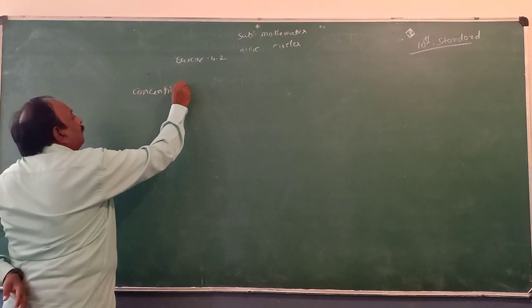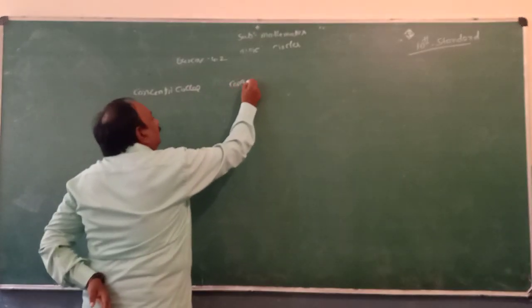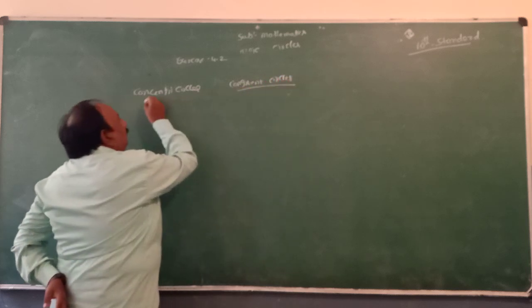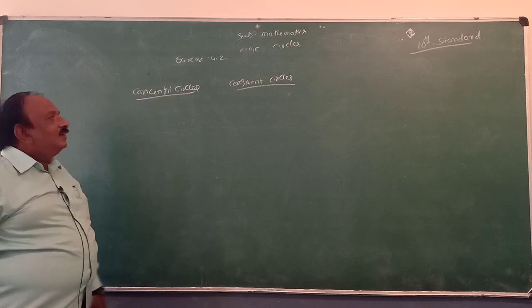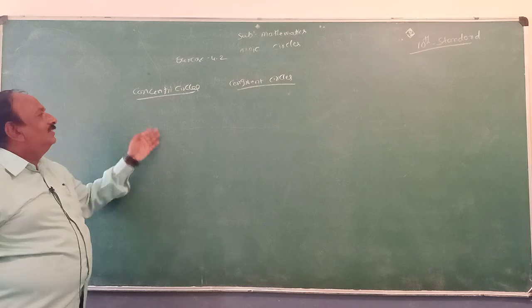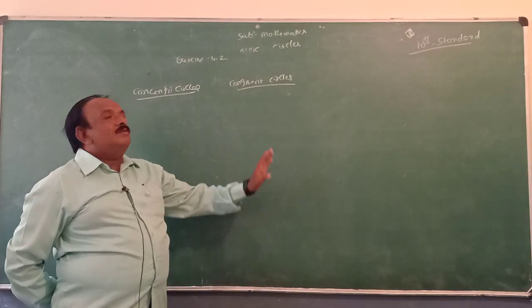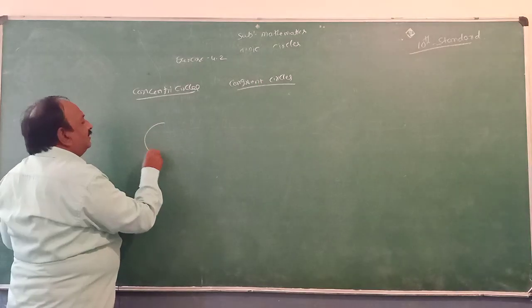Concentric circles, congruent circles. The best example of concentric circles is the chakri you have eaten in Kannada. Congruent circles: the bangles are the congruent circles. Simply, what are concentric circles?